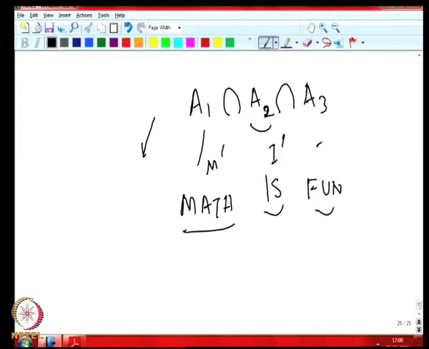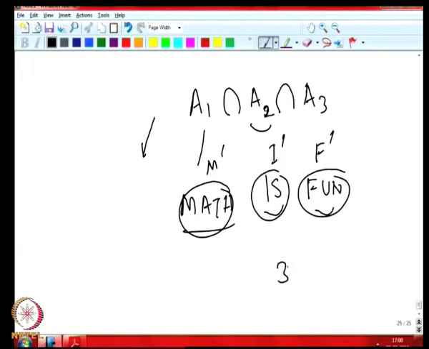So there are only 3 letters now, right, because every letter is blocked together. So 3 factorial ways of permuting this. So we can substitute back math is fun wherever we see that, right. So all of them will be consecutive in these things. Now we can put it there.